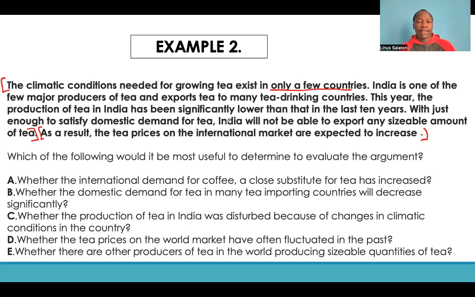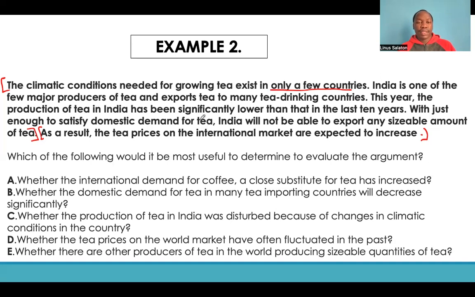Going through this argument in our heads, from the basic understanding of supply and demand, an increase in supply leads to a decrease in prices of commodities in the market, and an increase in demand of a particular commodity with a low supply of it would lead to an increase in prices.